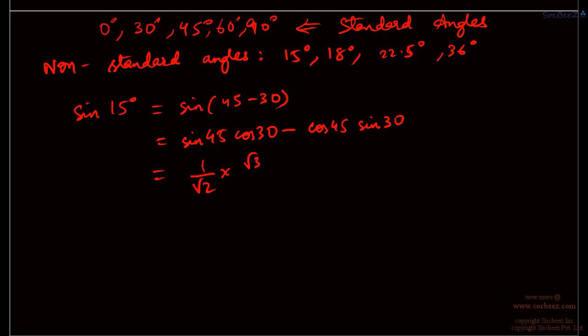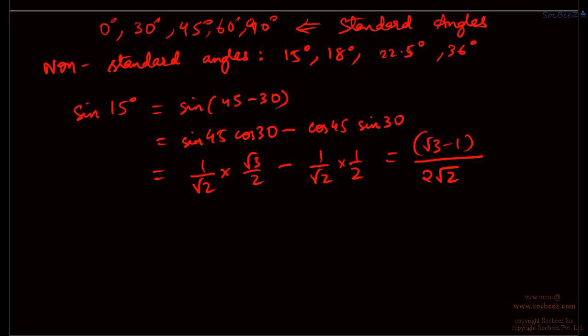Now sin 45 is 1 by root 2, cos 30 is root 3 by 2, cos 45 is again 1 by root 2, sin 30 is 1 by 2. Or I get this as (root 3 minus 1) by 2 root 2. So this is sine 15. Similarly I can get the others.